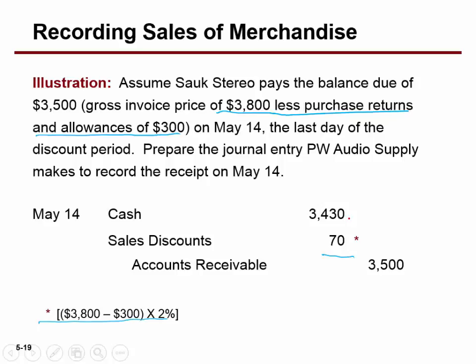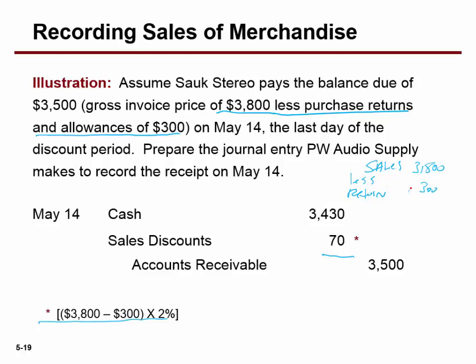So if we were to figure out our net sales, we would do what? Sales were how much? Originally 3,800. Less, and we had the returns, didn't we? Was what, 300?